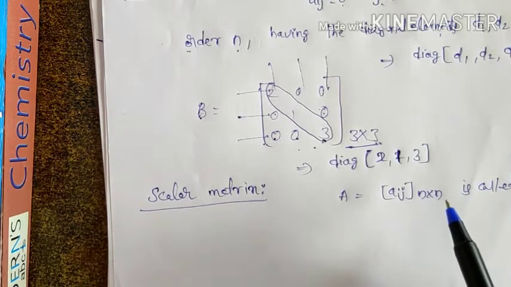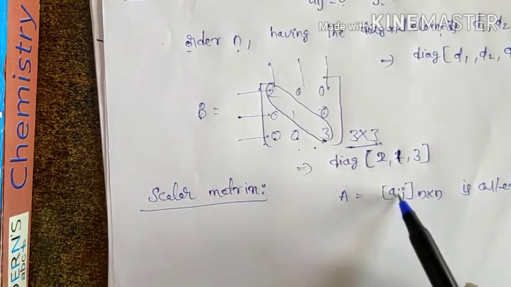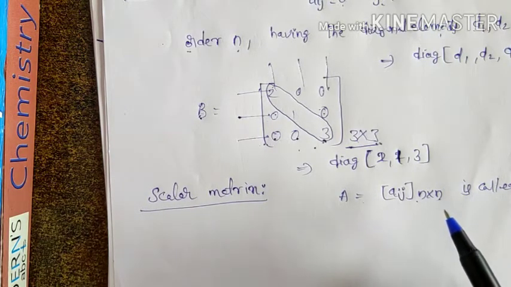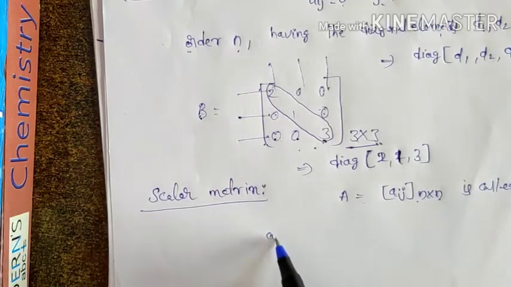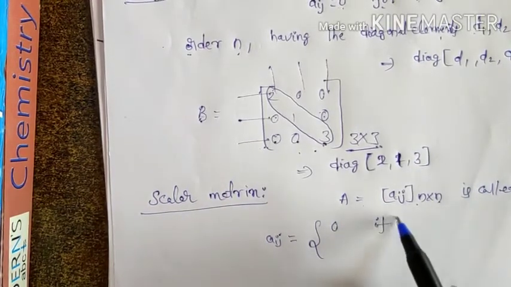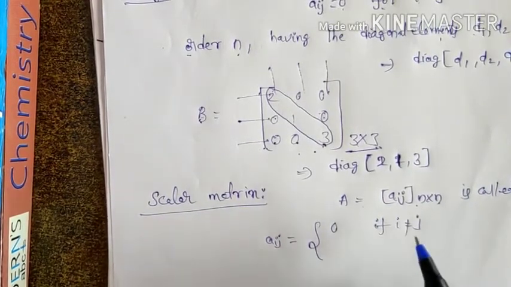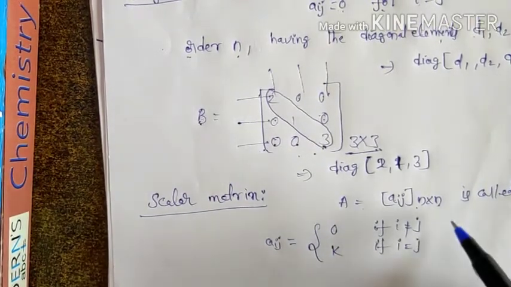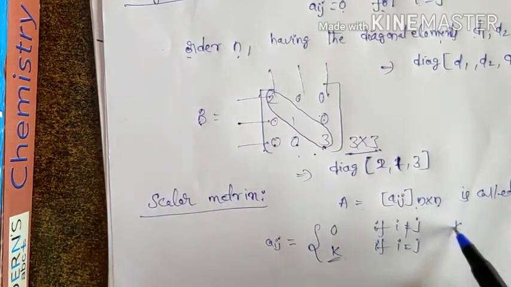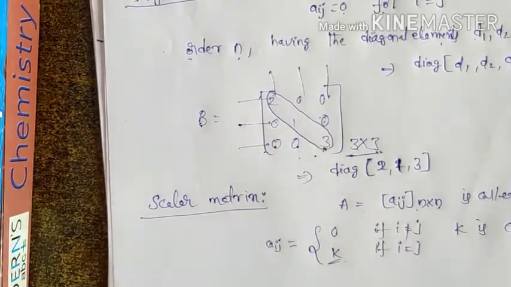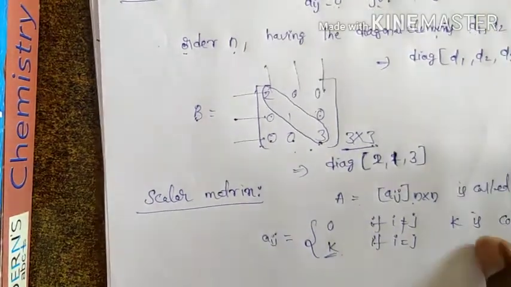Okay, once see again, a square matrix A is equal to Aij, n by n, is called scalar matrix if all the non-diagonal elements are 0 and the diagonal elements are equal. That means Aij is equal to 0 if i is not equal to j, it is k if i is equal to j. Here k is a constant. So let's see the example. You can understand in a better way.